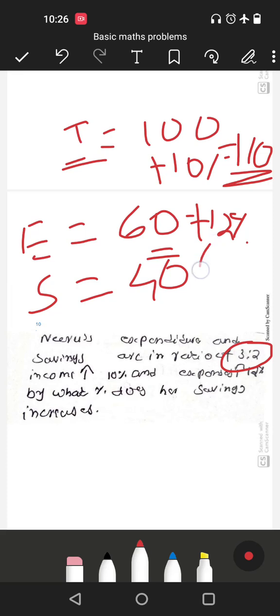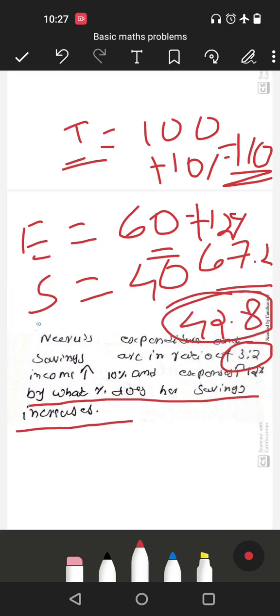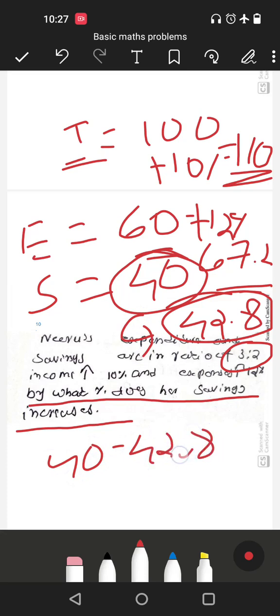So her expenses will be 67.2. So how much is remaining? Her savings will become 42.8. So what is asked, by what percentage does her savings increase? Her savings was 40, and because of the increase in income and expenses, her savings increased by 2.8.